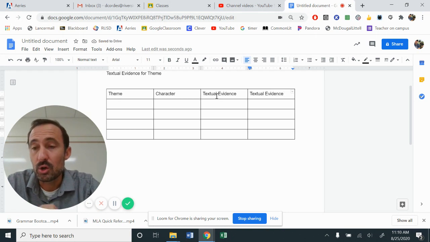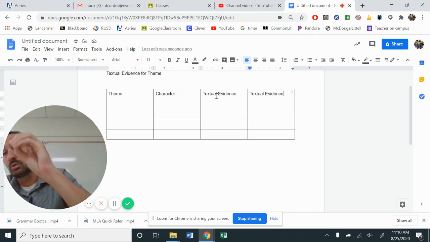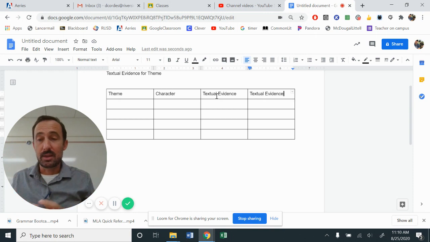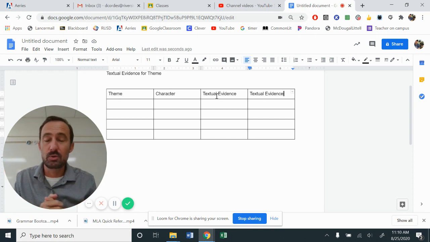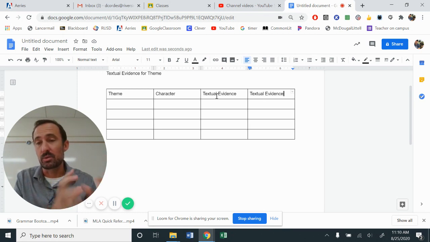Textual evidence are quotes or paraphrases or chunks from the novel that connect to our character and our theme. So it's kind of like proving your point. It's essentially saying, hey, I think there is friendship in the novel. That's one of our theme words. Here are the characters who experience friendship. Here are some examples from the text where they show that.